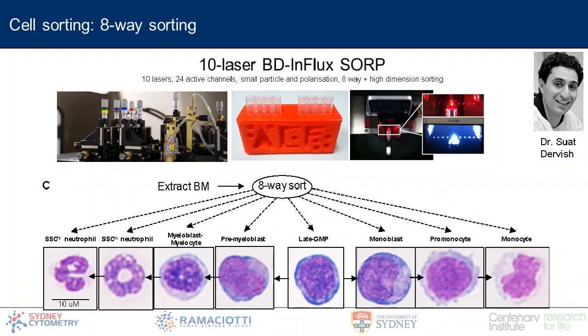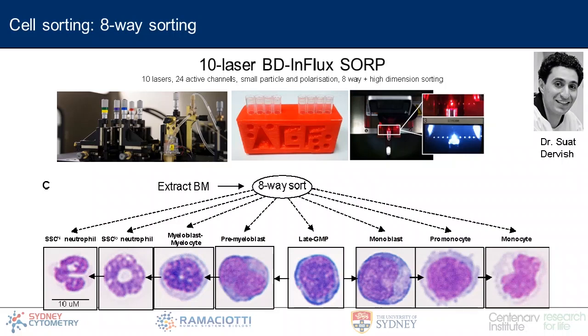Some time ago, Dr. Suat Dervish worked in our facility and helped develop a protocol for 8-way sorting. This allowed us to take our high-dimensional panels and use them in a cell sorting capacity, which in our case actually matters.